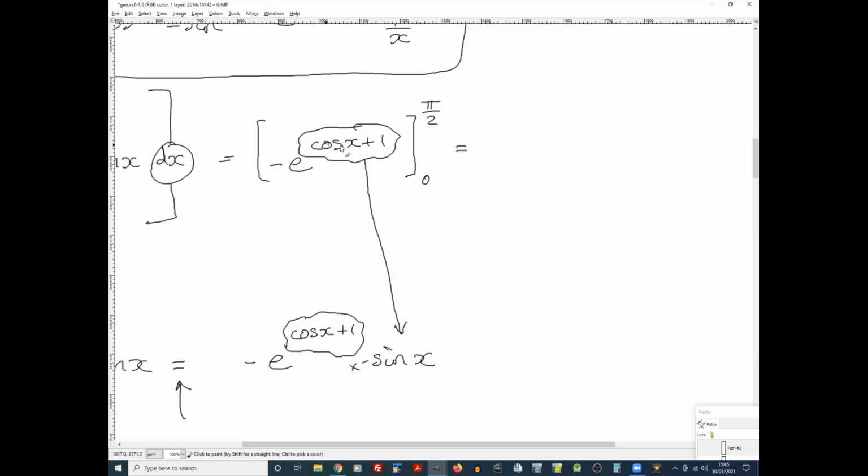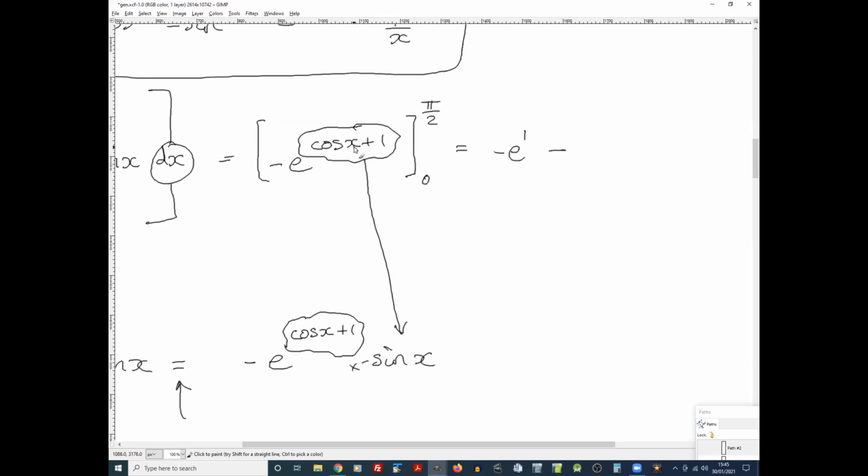So cos x plus 1 is 1. So we've got minus e to the power of 1, followed by minus whatever we get from putting 0 in here, which is what?